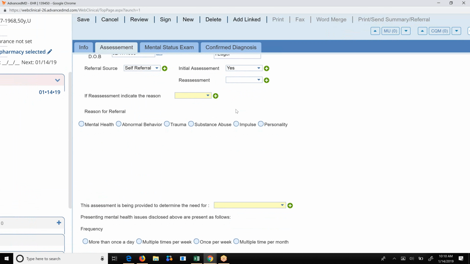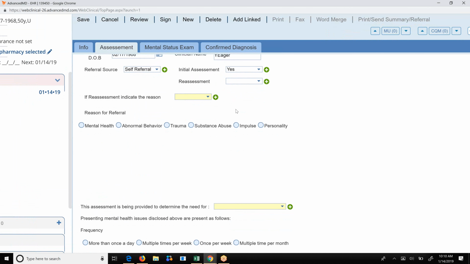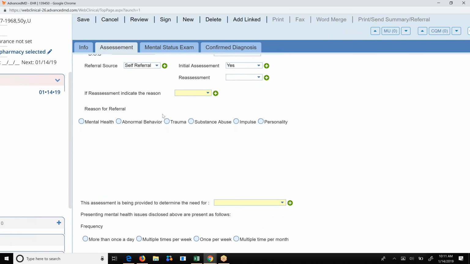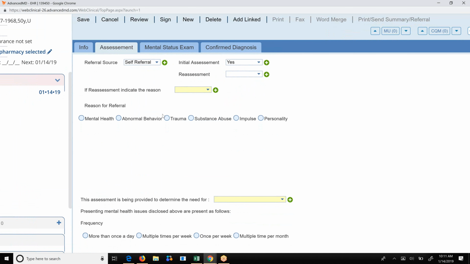Of course, if this is the initial assessment, the assessment is being provided to determine the need for. If it is a reassessment, indicate the reason. But since this is not a reassessment, it would just be the initial assessment itself.